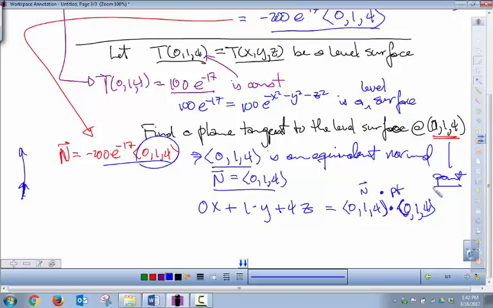That's one way to get it, right? And then there are other ways to get it. So what is it? y plus 4z equals 17. So that's your tangent plane at that point on that level surface. Okay?